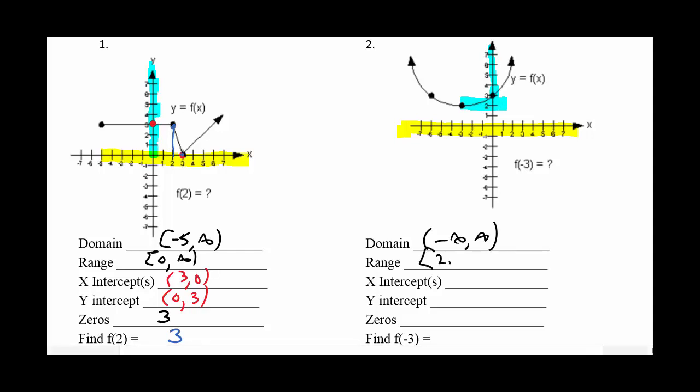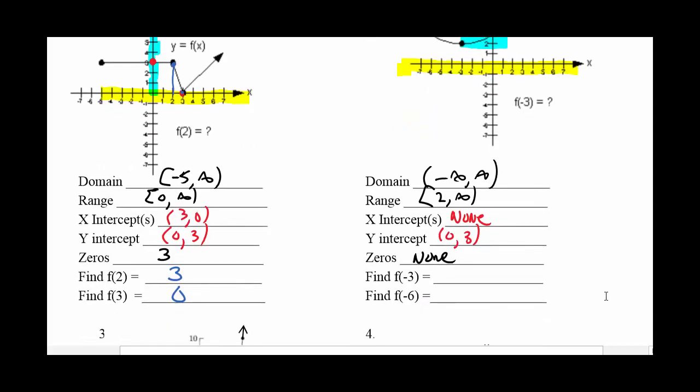So its smallest y value is 2 and it goes up to infinity. The x-intercept doesn't actually cross the x-axis, so there'd be none in this case. The y-intercept crosses at 0, 3. We just said that there was no x-intercept, so there are no zeros. There's none.